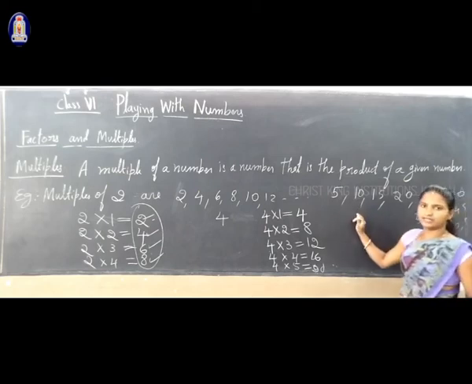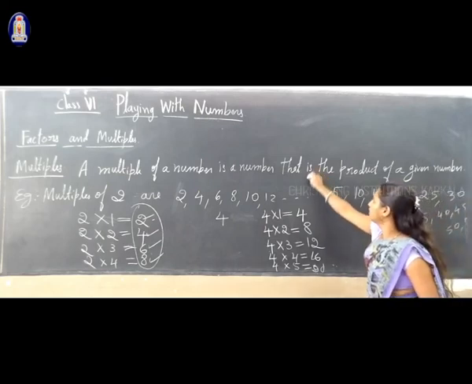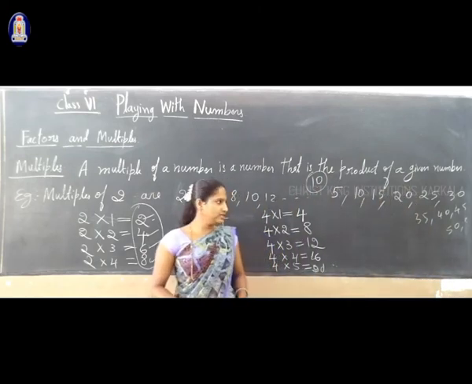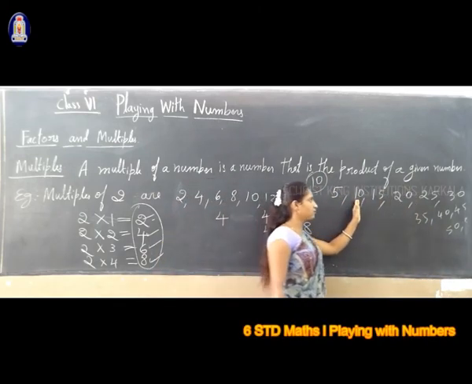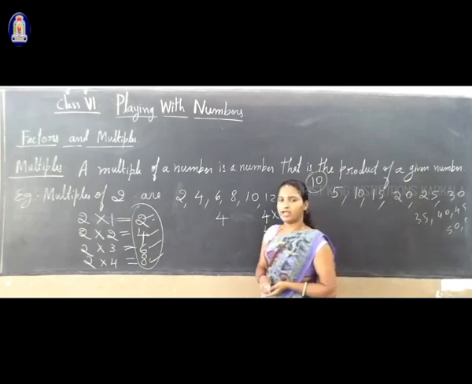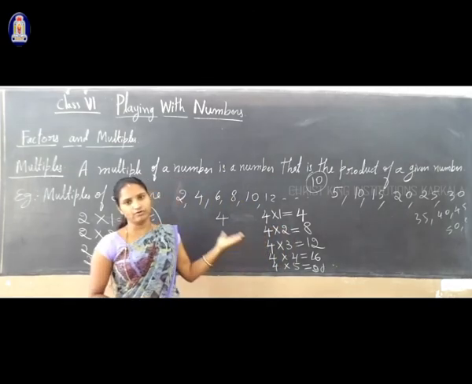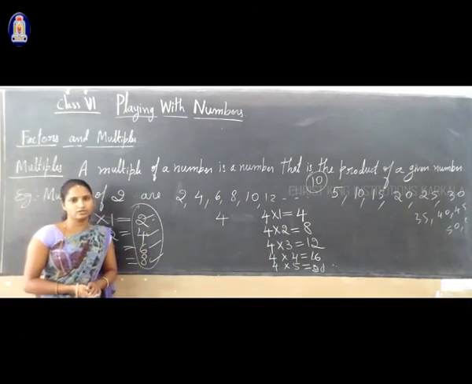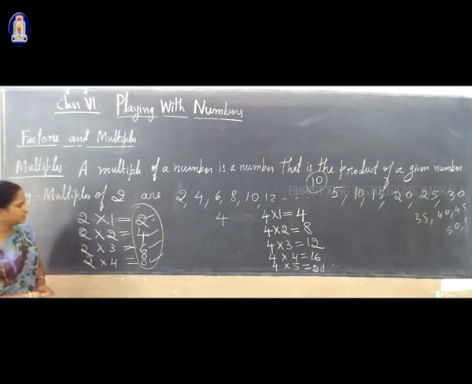Here they asked to write 10 multiples of 5. So you write 5, 10, 15, 20, and so on. So we can write any other table also. If we learn all the tables, then you can easily write the multiples of the given number.